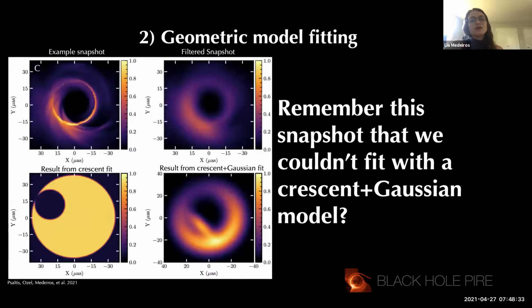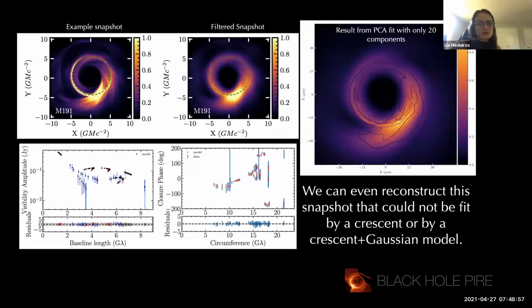And so if you remember this geometric model fitting slide, right, this was our hard snapshot from before that we were not able to reconstruct with a geometric crescent. So this is the snapshot that I want to use as an example to show you the results of using these PCA models to actually fit to simulated data. And so here's the same snapshot.